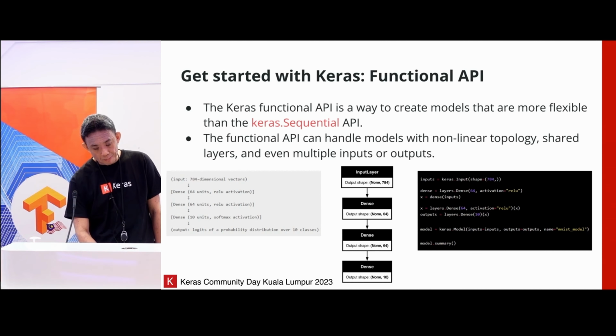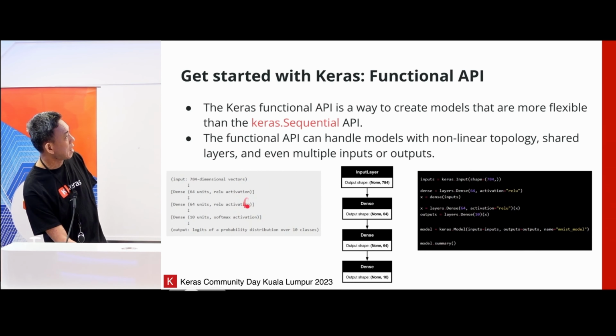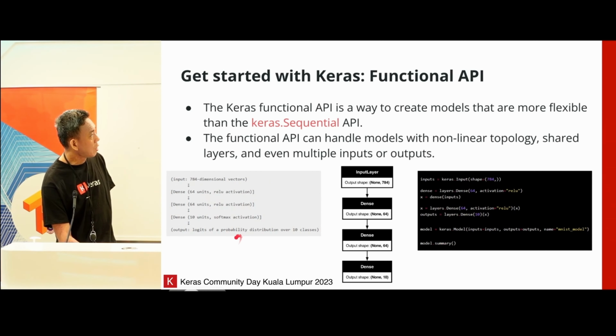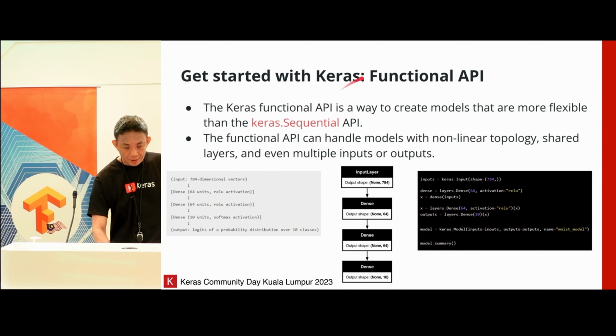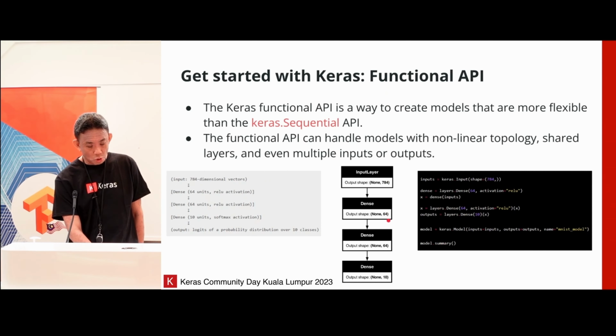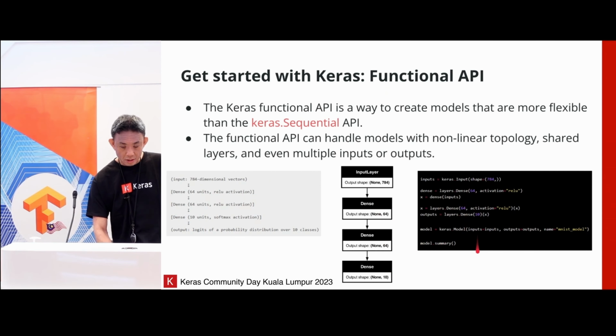For example, let's say I have a network designed like this. I have the input layers, the dense layers in the hidden network, and then the output. In the functional API, to create this network, these are the few lines of code you can use.